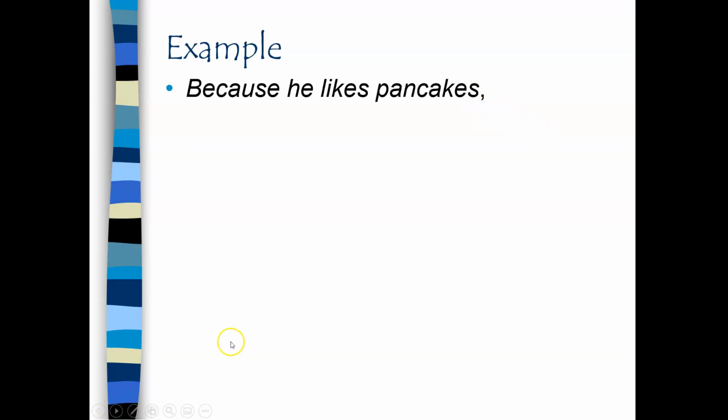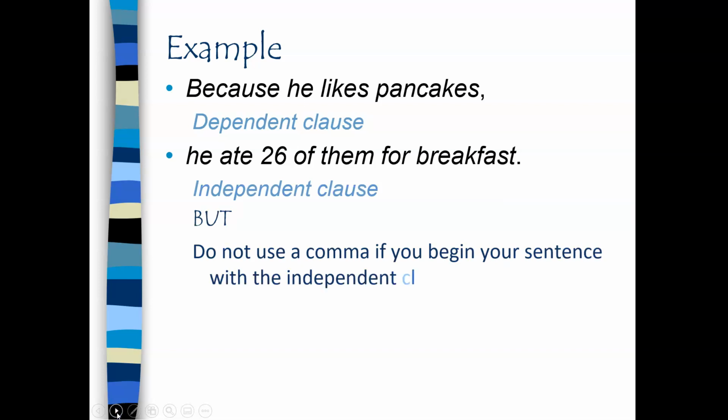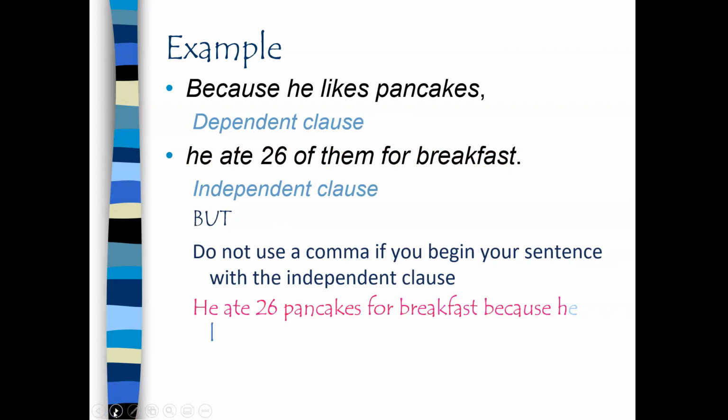Because he likes pancakes, which is my dependent clause, he ate 26 of them for breakfast is my independent clause. But don't use a comma if you begin your sentence with the independent clause, meaning the little boy ate 26 pancakes for breakfast because he likes them. Don't put the comma. No comma.